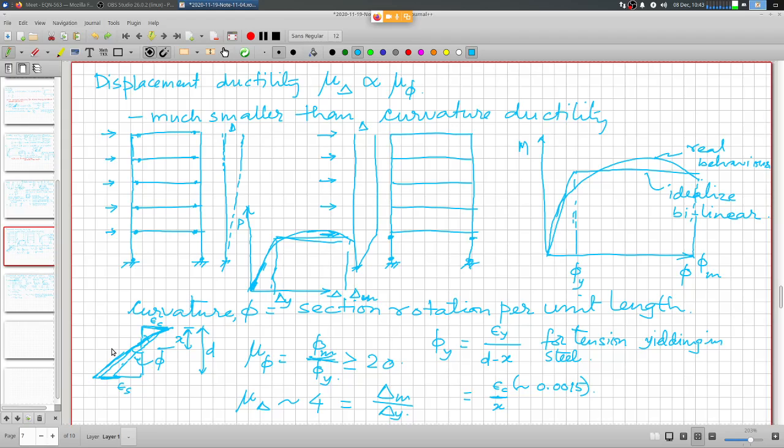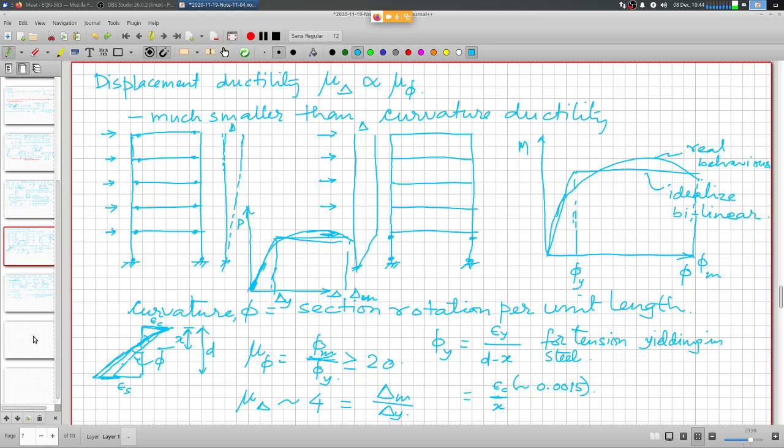So although we need to check for shear capacities as well, in general you will find that the confinement requirement that arises from the need to get very high curvature ductility is generally much more critical than the shear resistance requirement.